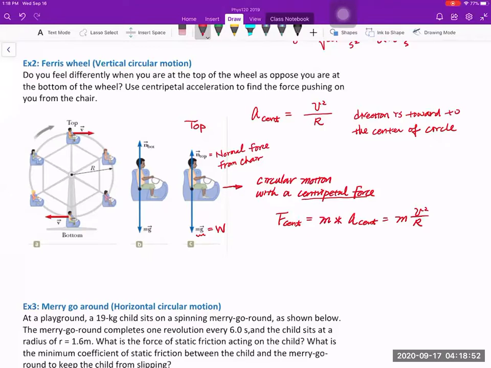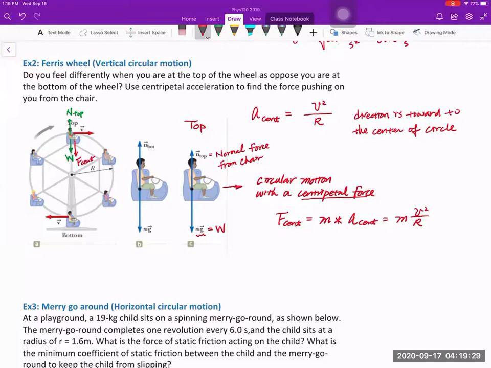So let's look at the situation that we have over here. If you look at you at the top, now you have a weight going down. This is the weight. You have a normal force going up. This is the normal force at the top. And what is the result of the centripetal force? Centripetal force is going toward the center, so this resultant force is toward the center.